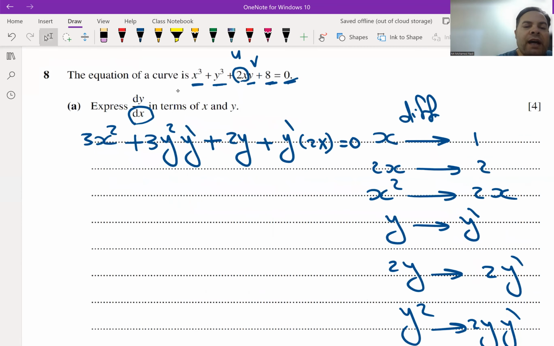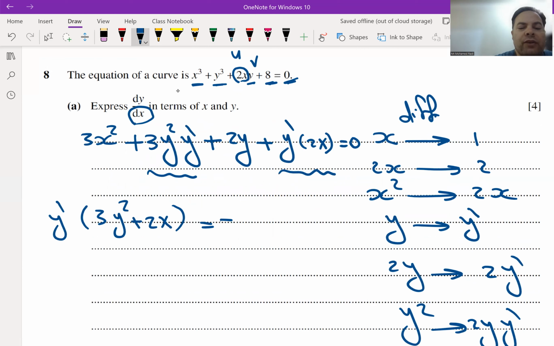Now, how do we get dy by dx in its simplest form? All terms that include y dash, keep on the left hand side, and take y dash outside as a common factor. So y dash outside will be multiplied by 3y squared plus 2x. Move the other terms to the other side: negative 3x squared, and minus 2y.